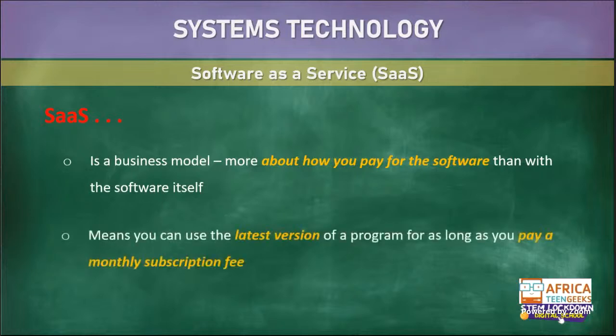Also, SaaS means you can use the latest version of a program for as long as you pay a monthly subscription fee. So you don't even have to worry about updating the software on your computer, or on your devices.